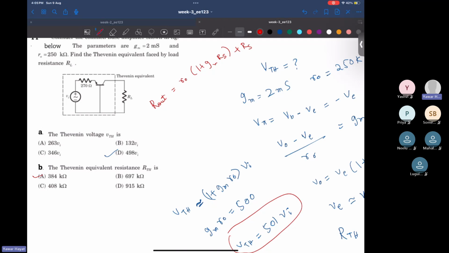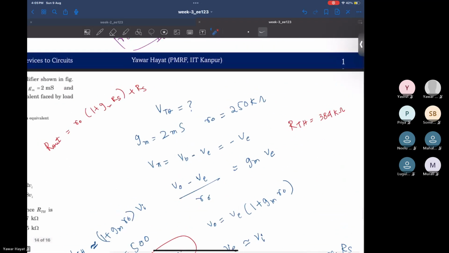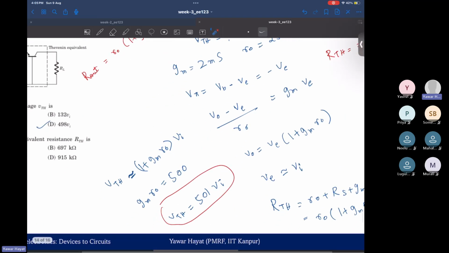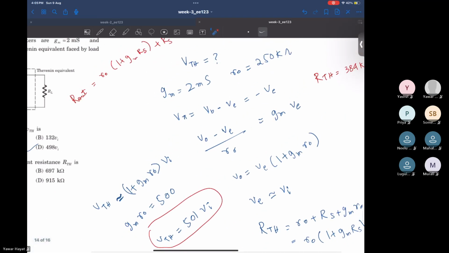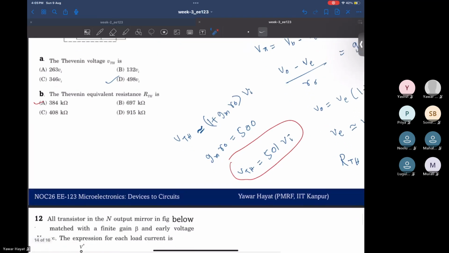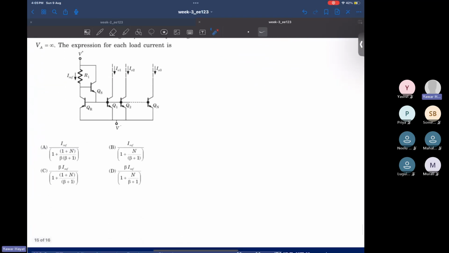Okay, which shows why your 270 ohm resistor raises the output resistance from 250 kilo ohm to roughly how much? 384 kilo, right? So we are done with this one. Any doubts? If not, then let's move on to the next one.